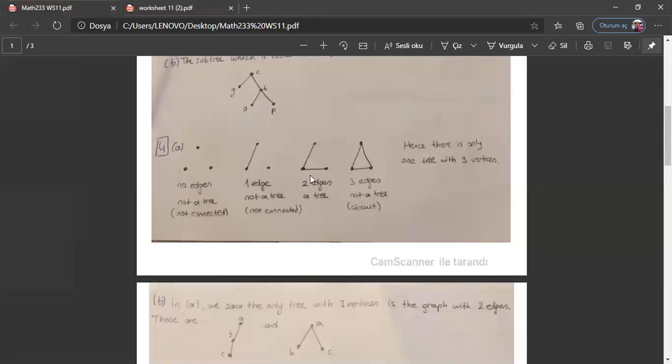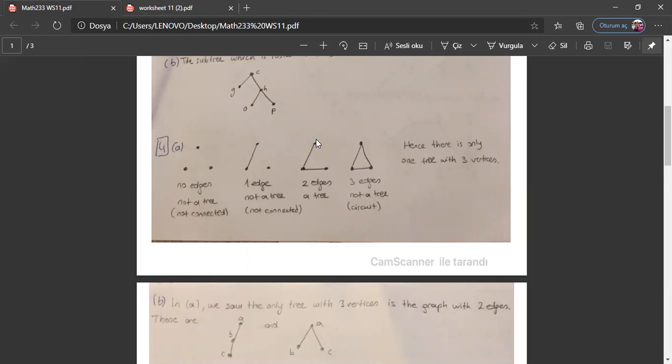Then, what about this one? It's connected, right? Any 2 vertices have an edge between them or a path between them, right? So there is no circuit either, so it's a tree. And what about this? We have a circuit, obviously it's not a tree.